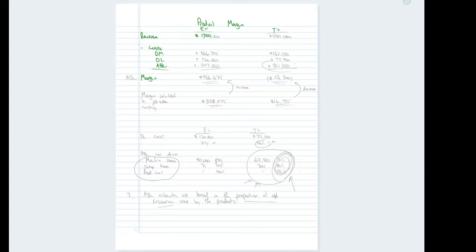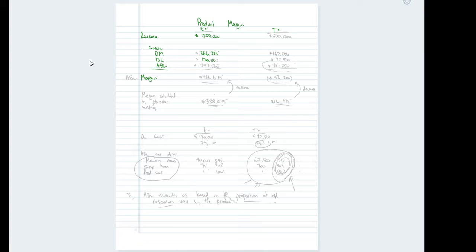Our direct material cost is going to be the same. That's not changing, $366,325. Our labor cost is $62,550. That's given. Our labor cost is not changing.